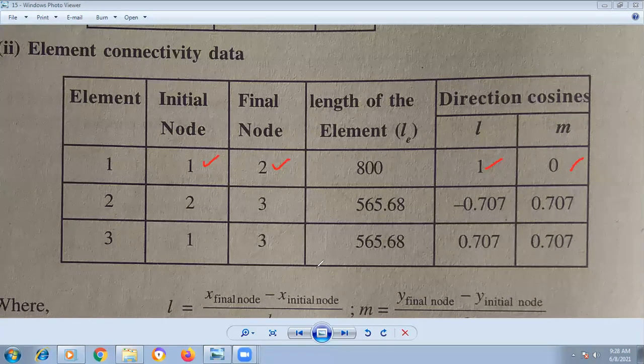Similarly, let us take element number 2. Element number 2 is connected between nodes 2 and 3, right? Now, what are the coordinates of this? Let us say this is our x1, y1 and this is our x2, y2.